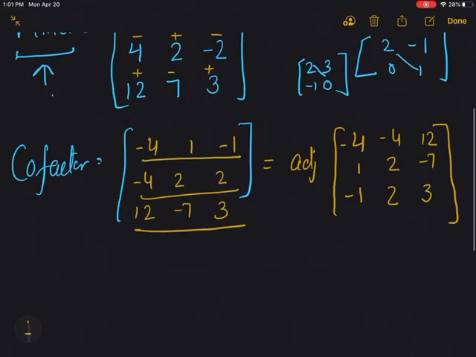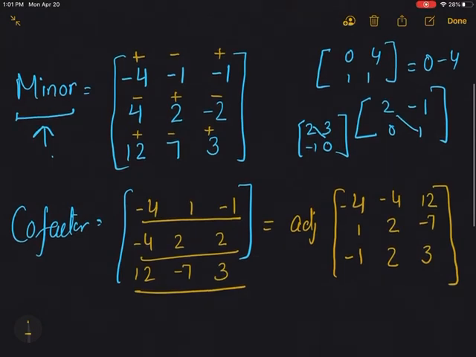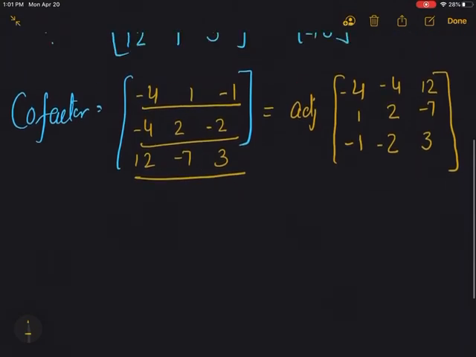Let me double check I did everything right. Negative 4, negative 4, 12, 1, 2, negative 7, negative 1, negative 2. This is negative 2. Why is it negative 2? I guess I messed up, this is positive 2. Oh, my bad. This is positive 2. So that's the reason this would be negative 2 here. And this is also negative 2. Okay, anyways, I have my adjoint matrix.